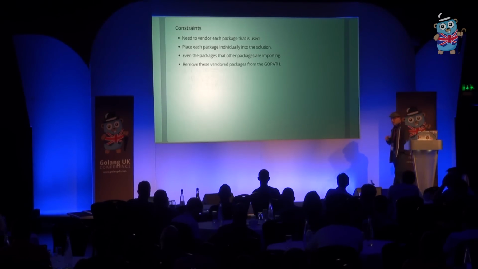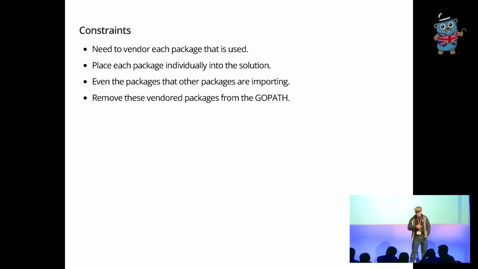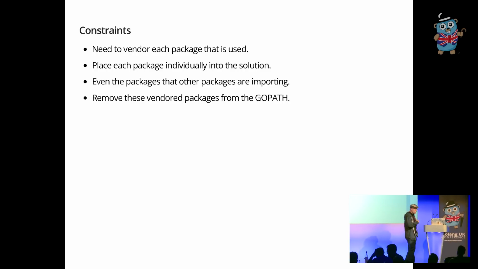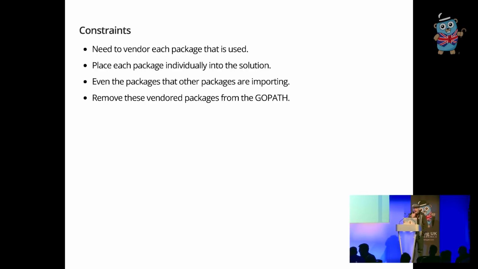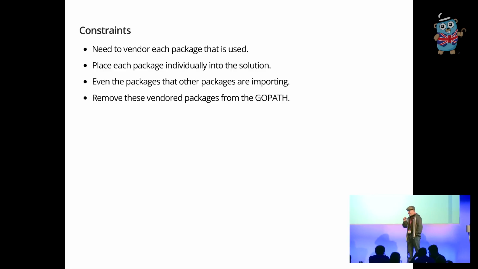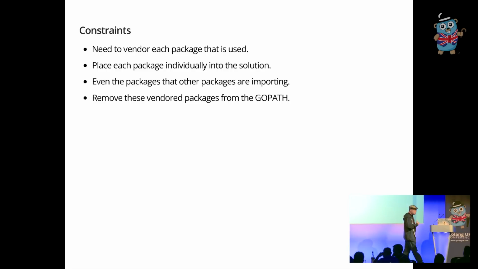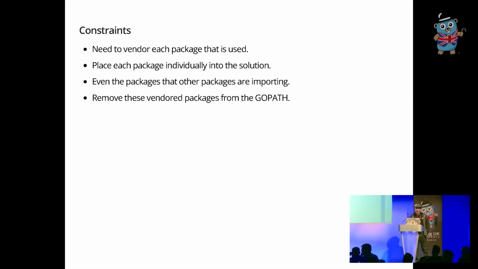So I've got a few constraints that I've put on myself. One we just talked about. We need to vendor each of these packages into our own projects. We have to place each of these individual packages plus any imports that these packages bring in. We've got to bring in as well. So we've got to look at everything that's being used. All right?